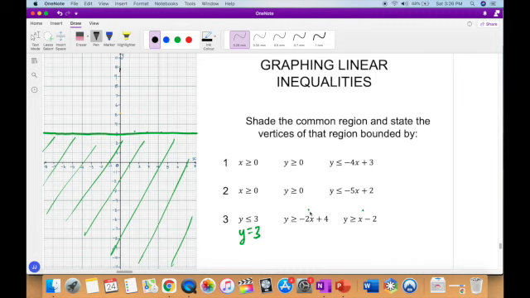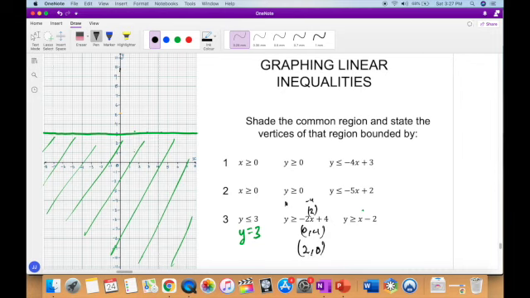Let's say when x is 0, y is 4. So 0, 4 is one point. And when x is 2, 2 2s are 4, so that's negative 4 plus 4 is 0. So when x is 2, y is 0.